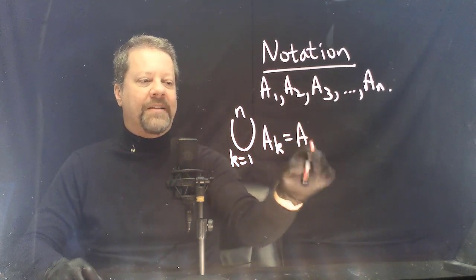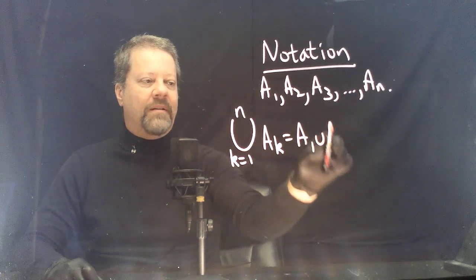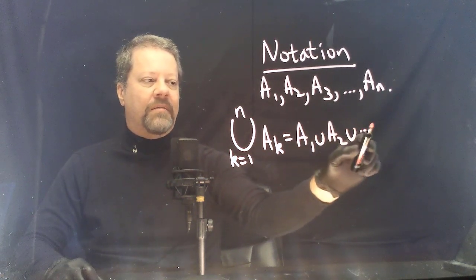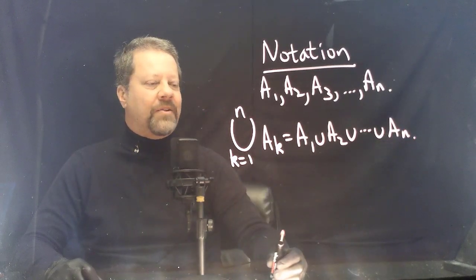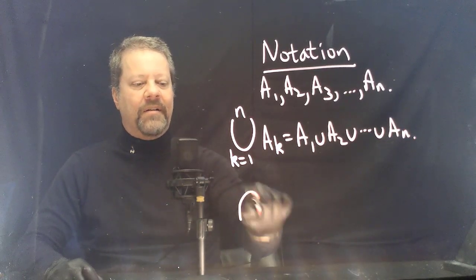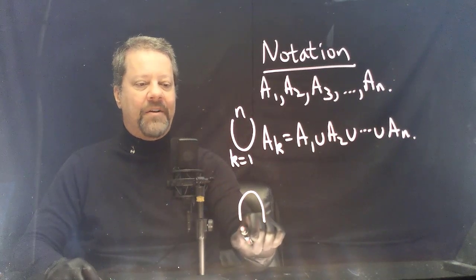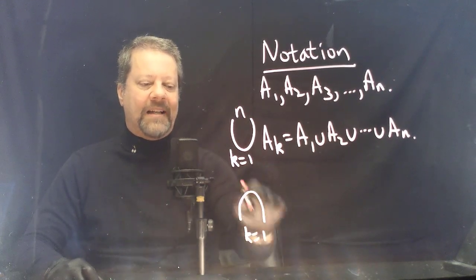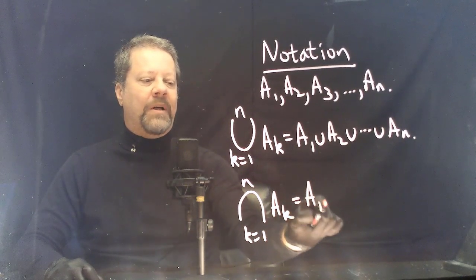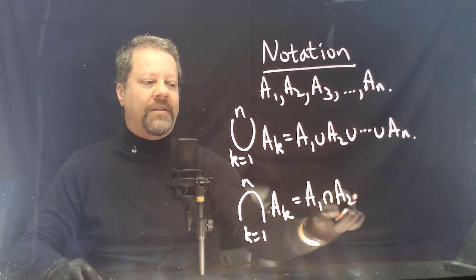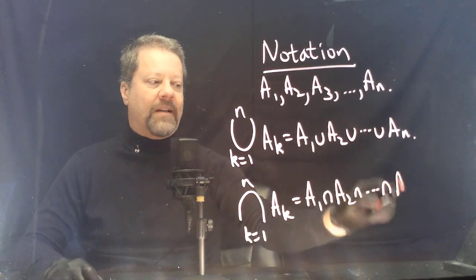That will be the same thing as A1 union A2 union all the way down to A sub n. So then how do I do intersections? Well, we have a great big intersection symbol, and we'll index that as k goes from 1 to n, A sub k, and that'll be A1 intersect A2 intersect, and so on down the line until we get to A sub n.